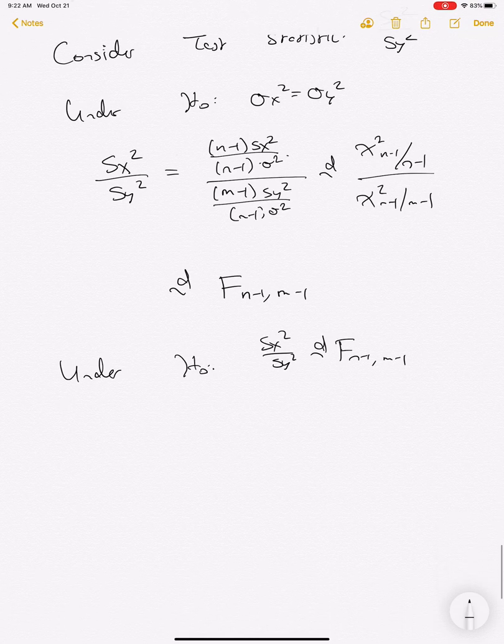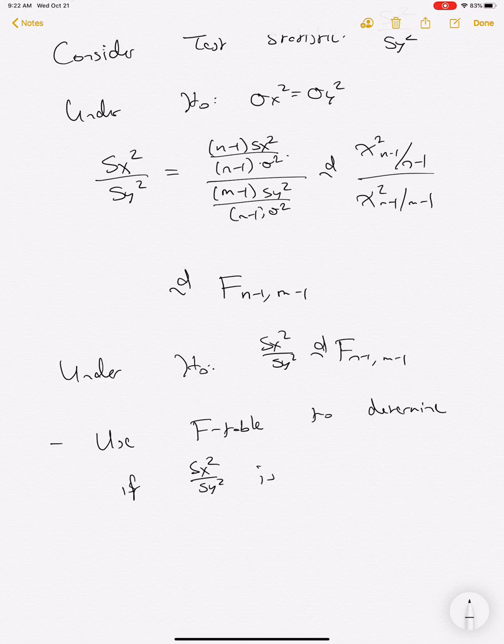And so then we can use the f table to determine whether this is close or far away from 1.